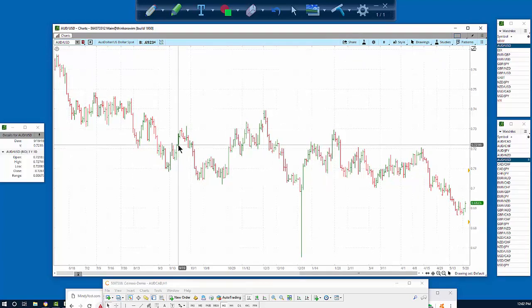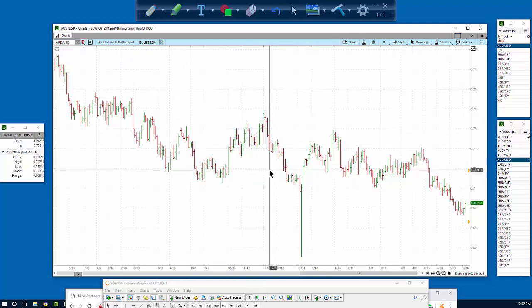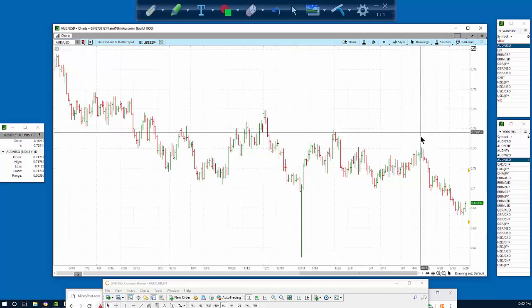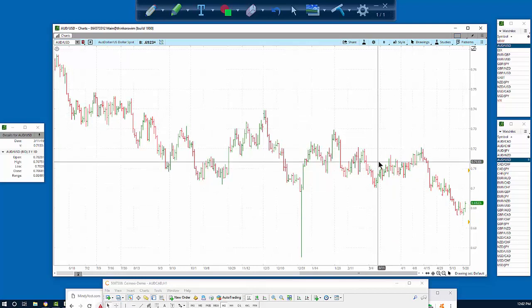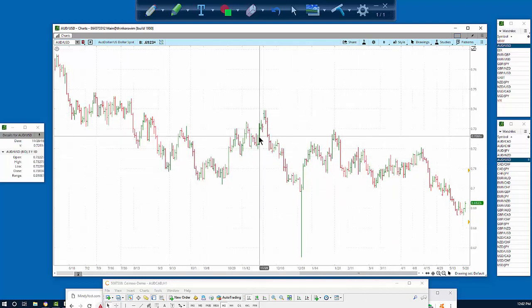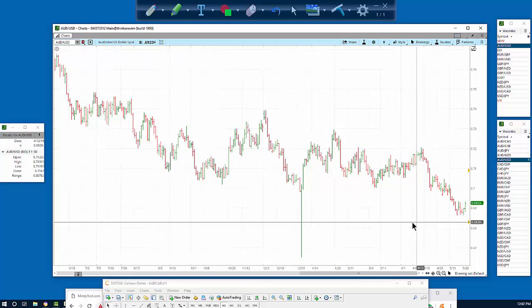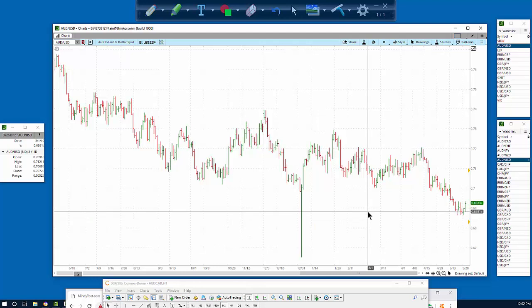Now, this is just a Forex chart. This is a chart that is not in a MetaTrader trading platform. It's in a different charting program that I use, but a Forex chart is the same no matter if you're using it in a MetaTrader or if you're using it in another software program like I am doing.